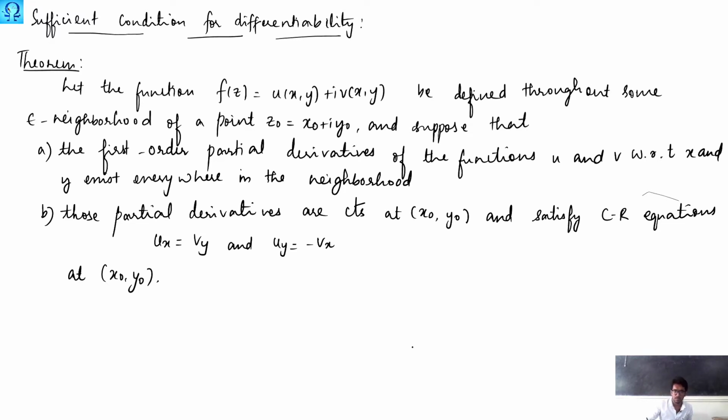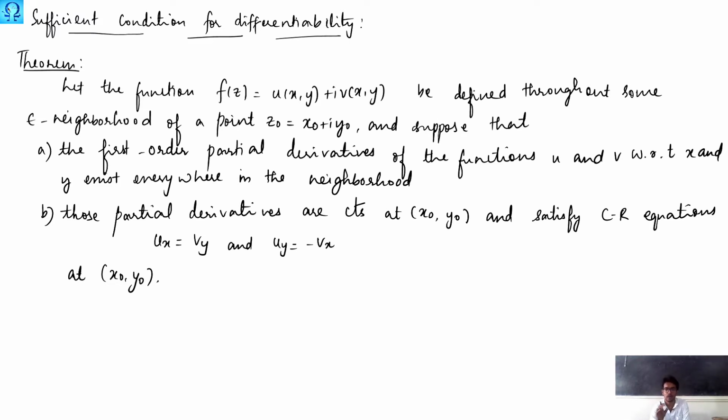Here, what we have assumed is that we have a function which is defined throughout some epsilon neighborhood of the point z naught. Why are we particularly choosing the point z naught? Z naught is some arbitrary point in the domain at which we are going to talk about the differentiability. If you have to talk about the differentiability throughout the domain, you can keep changing the point z naught.